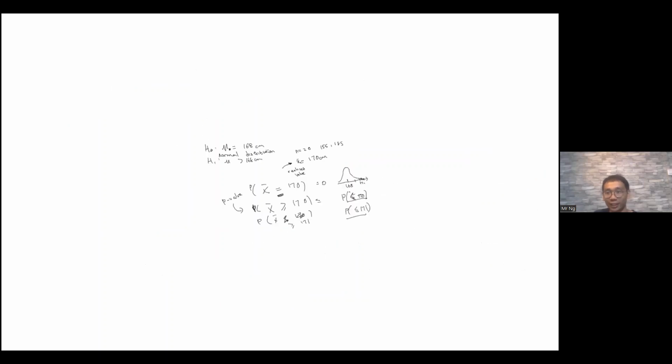To calculate this kind of thing, you need a distribution in the first place, which means you need a parameter. So what is the parameter? The parameter requires you to form a few things. Firstly, you need to know what your distribution is. Maybe the student height is not a normal distribution, maybe it's something else.